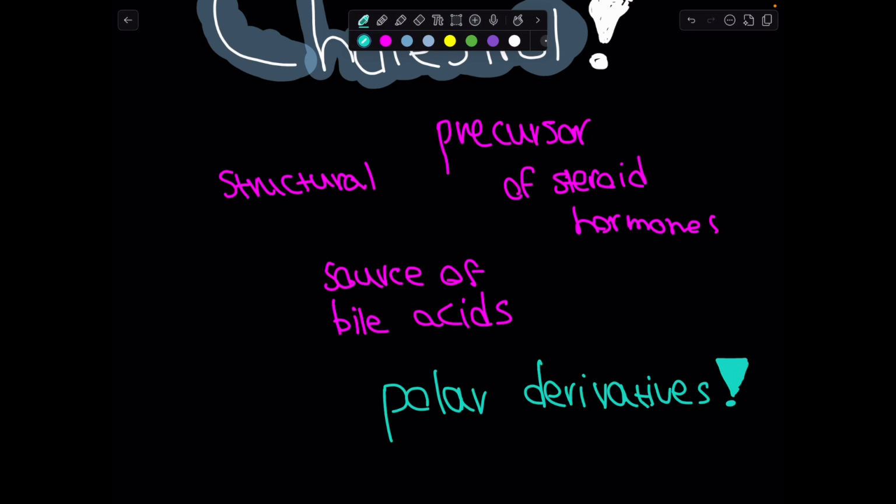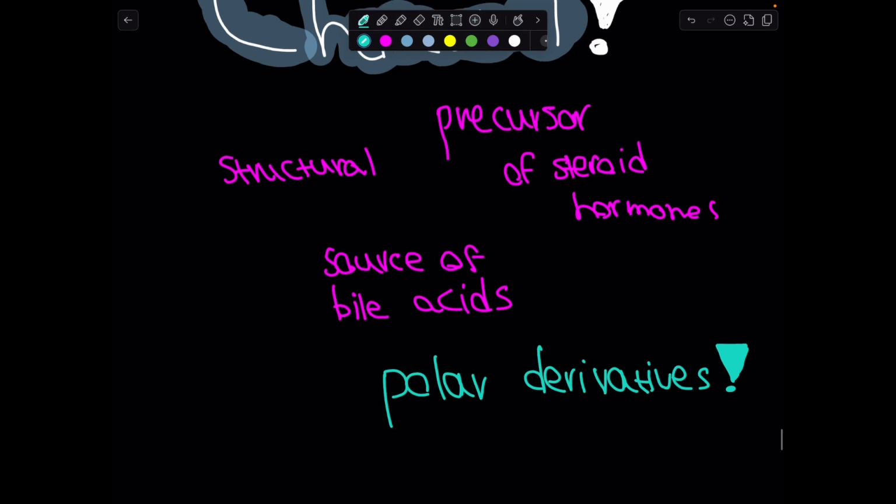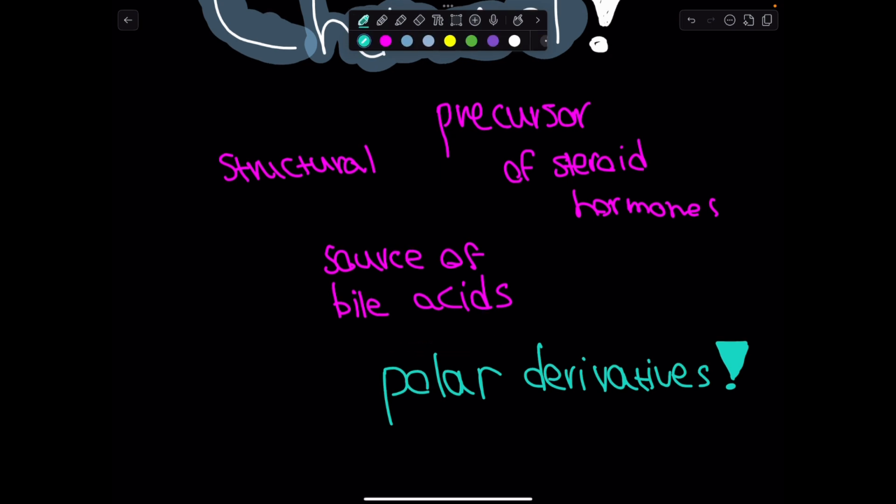The liver adds hydroxyl groups and a carboxyl group to cholesterol, forming polar bile acids like cholic acid, which are conjugated with glycine or taurine to increase water solubility. This polarity lets them emulsify fats in the intestine, breaking them into smaller droplets for digestion and absorption. Want more on their synthesis or digestive role?